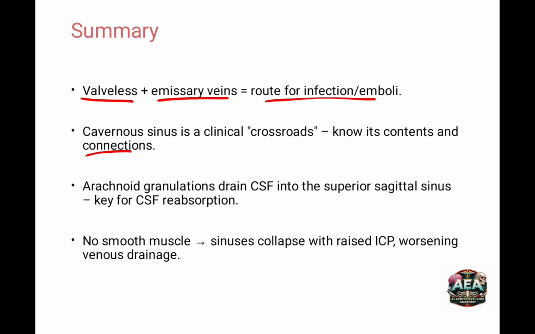We have the arachnoid granulations that drain CSF into the superior sagittal sinus, and are very important for CSF reabsorption. And remember, we said sinuses do not possess smooth muscle. Sinuses collapse with raised intracranial pressure, therefore worsening venous congestion.